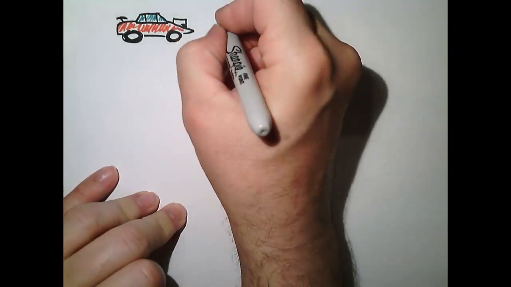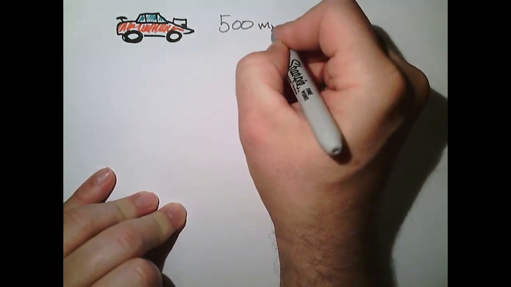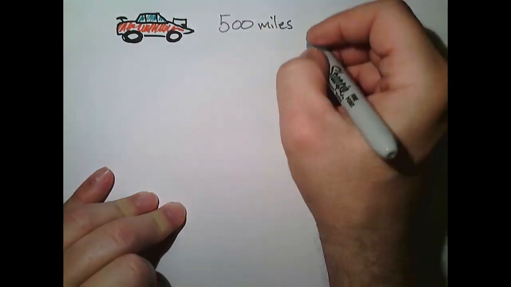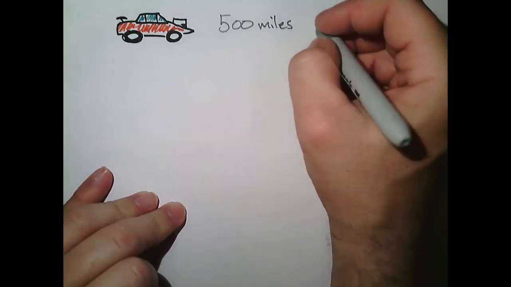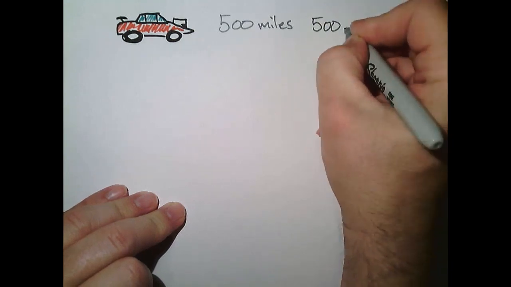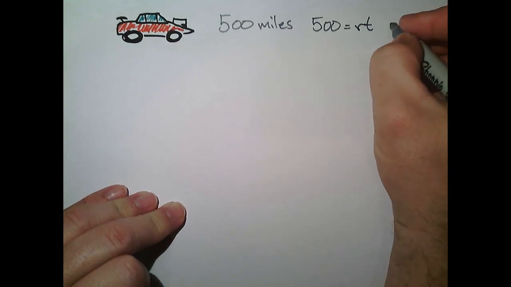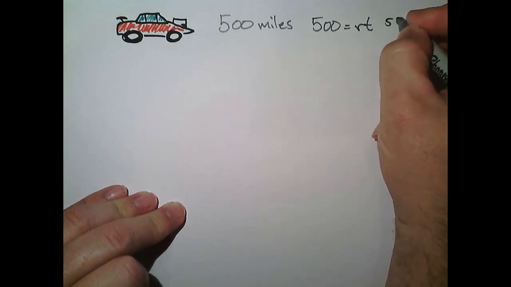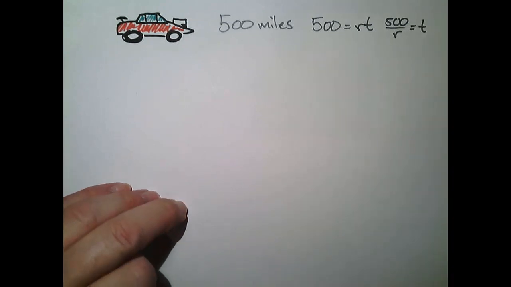And let's say that we're going to go 500 miles. And we want to figure out our different rates and times. So again, we're going to have 500 equals rate times time, or 500 over rate equals time.